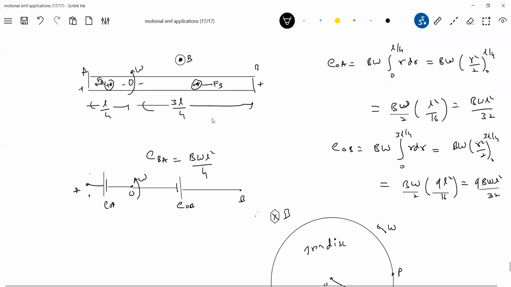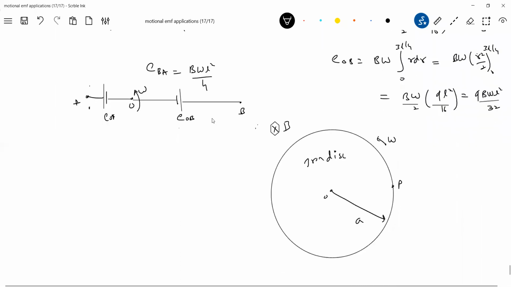Assume positive charge inside the conducting rotating rod. The positive charge will drift inward, and that end will be positive due to magnetic force. And now the iron disc I'm rotating. I want the potential difference. What is the radius of the disc? Let it be A. It is rotating about horizontal axis, passing through center of the disc.